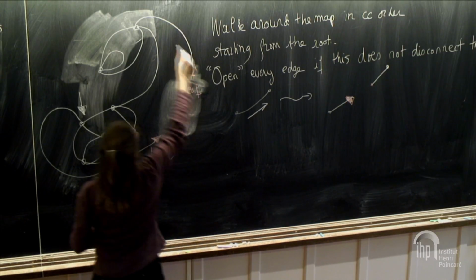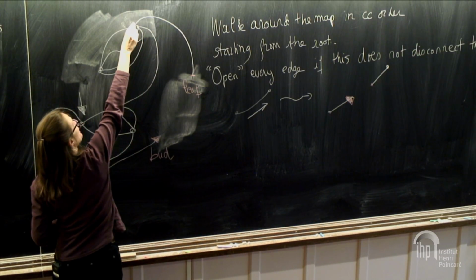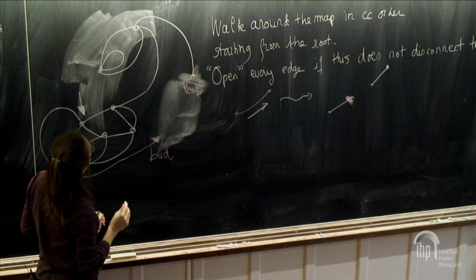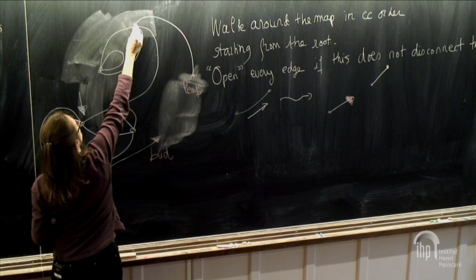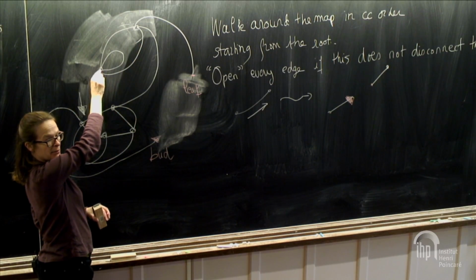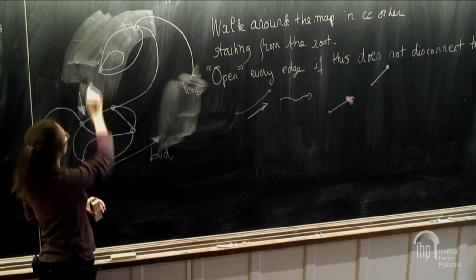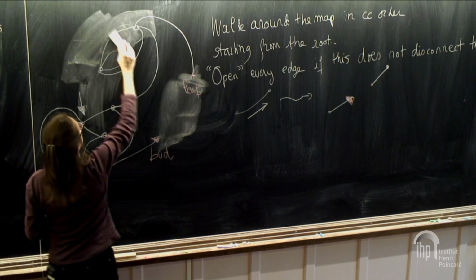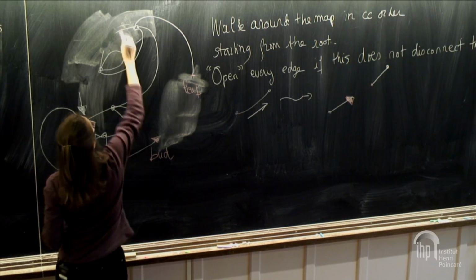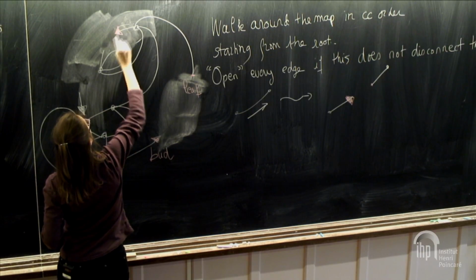Okay, so I've walked here and I've reached these points. So I go on walking now the map with the legs that I have. So I walk along this edge. If I open it, will I get something connected? Yes. So I do open it, creating a bud and a leaf.